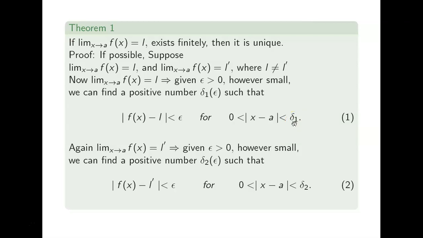Right? Because delta is chosen as the minimum of delta 1 and delta 2, so 1 will be satisfied for delta and 2 will also be satisfied for delta.